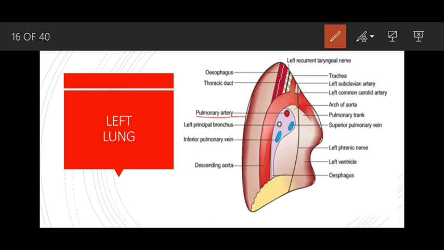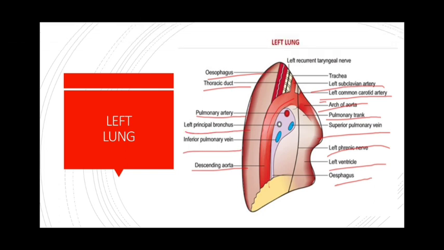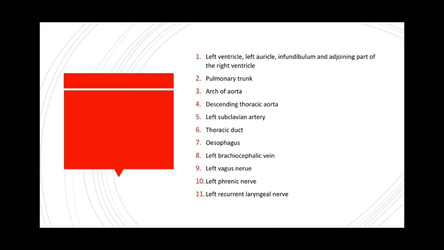And the arch of aorta, descending thoracic aorta, left subclavian artery, left common carotid artery, thoracic duct, esophagus, left phrenic nerve, superior pulmonary vein and pulmonary trunk, and inferior pulmonary vein, left principal bronchus. These are the structures which relate the left lung with the mediastinum, right?